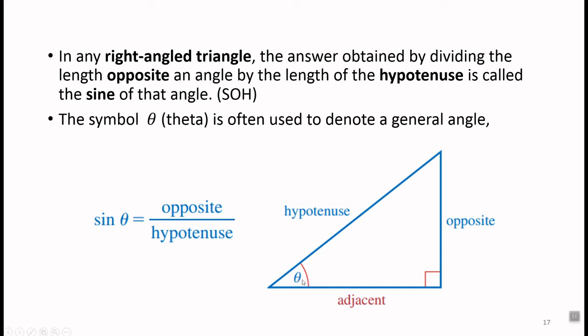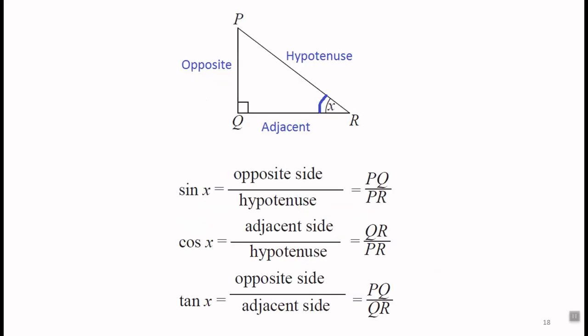With respect to angle theta, this is the opposite side, the side attached to theta is the adjacent side, and always opposite to 90 degrees is the hypotenuse. Likewise we can define the other two trigonometric ratios based on this right angle triangle. Considering angle X, we have the opposite side, adjacent side and hypotenuse.